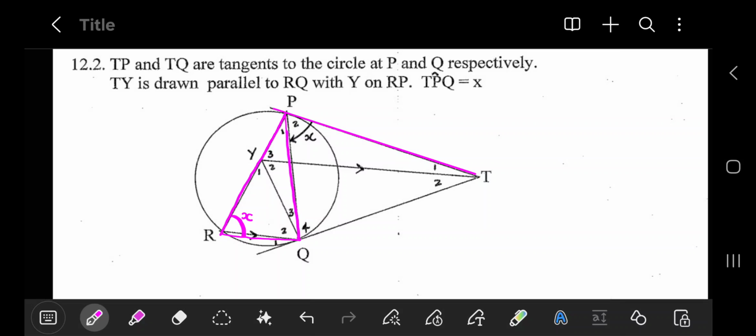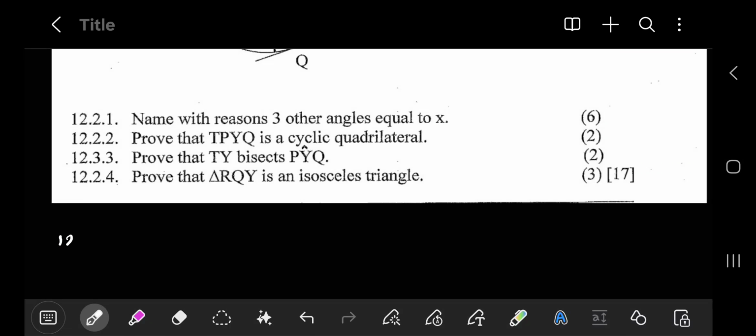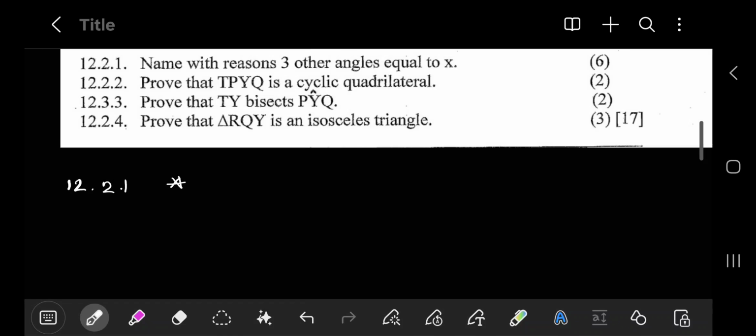So here we have angle R as X. So let's state that. Remember, we need to get 3, so this is our first one. We're going to say angle R is equal to X, and we made use of tan chord. Okay, let's get the next angle.